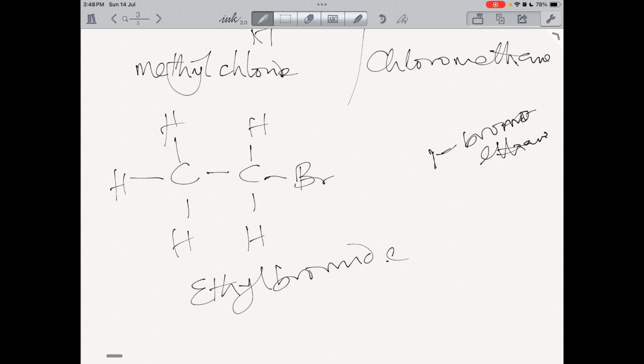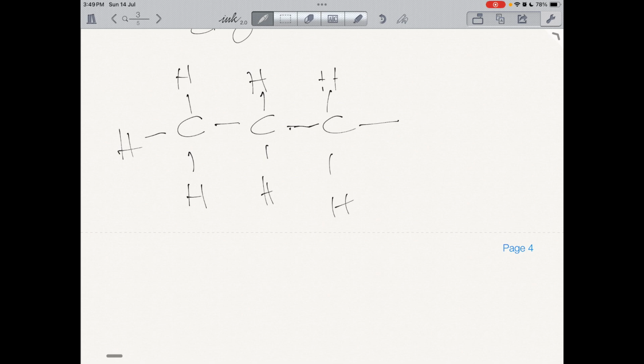Okay, it will become more striking if we use a compound that has 3 carbon atoms, where the numbering becomes more important and prominent. If you have this, H, H, H, H, H, and here you have Br.